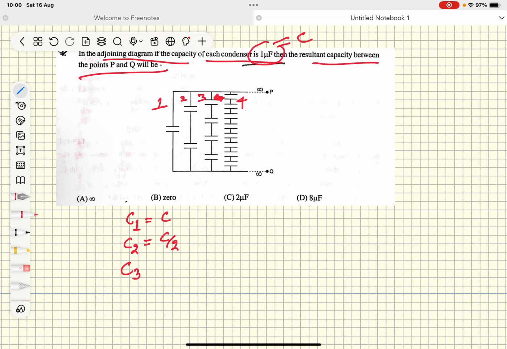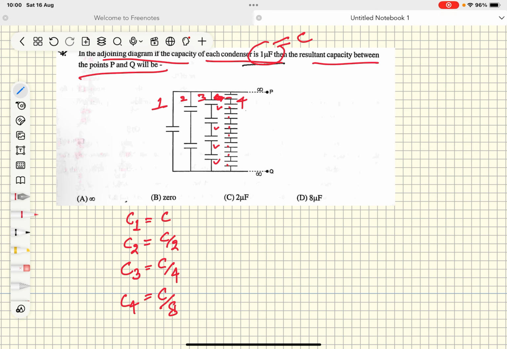For the third branch, count the number of capacitors: 1, 2, 3, 4. So the third branch capacitance is C by 4. Similarly, the fourth branch has 1, 2, 3, 4, 5, 6, 7, 8 capacitors, so it will be C by 8.